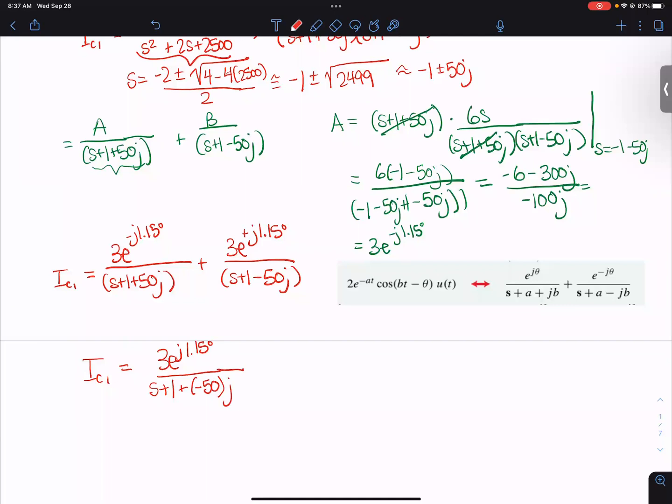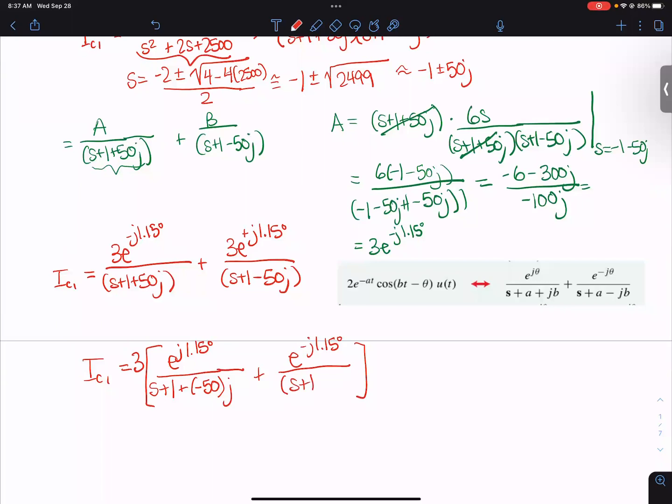So that would mean that B is a negative value there. And then what do we do with the 3? Yep. So we would do this instead.